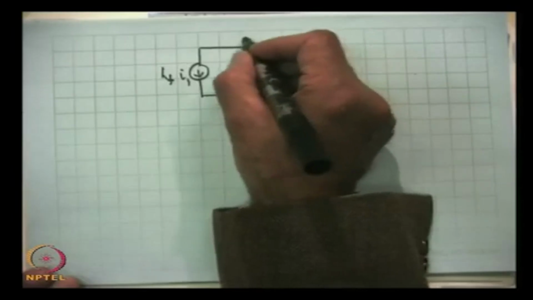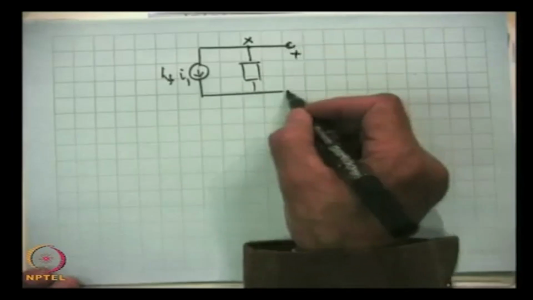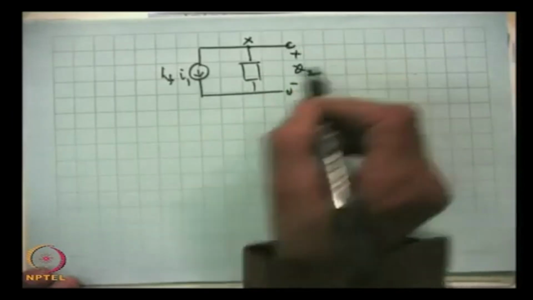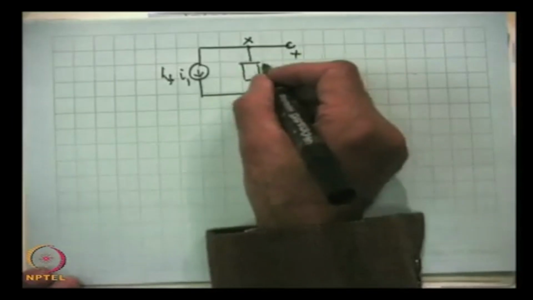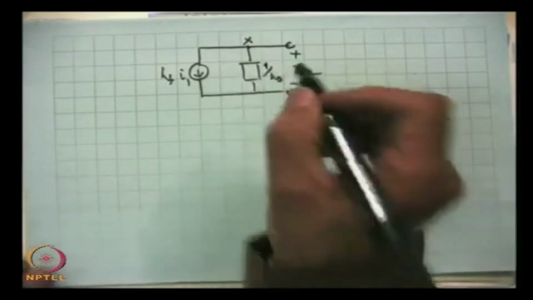This is the node at a point x, and this is V2 and this is 1 by H O, the impedance.